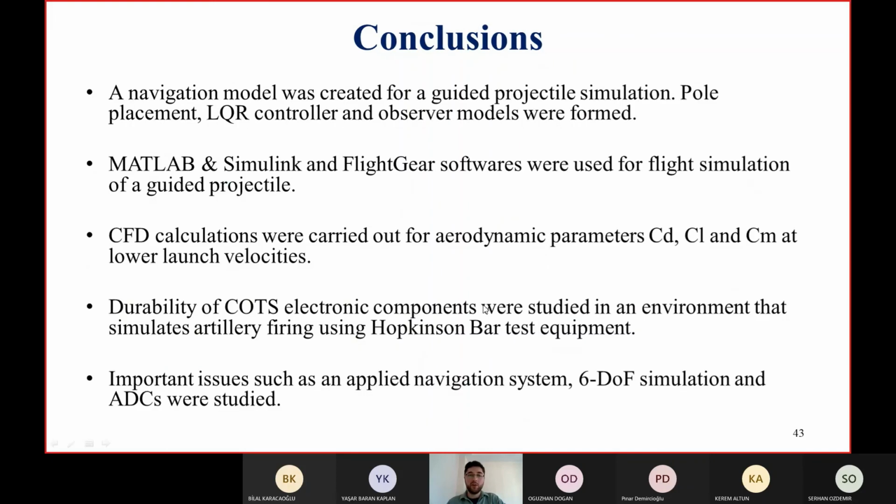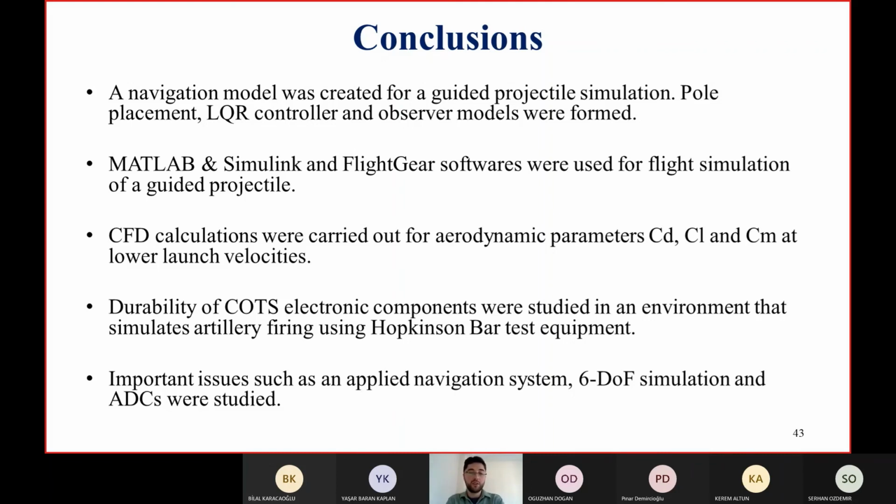Yes, I can conclude, I think. In my thesis, a navigation model was created, pole placement controller and observer models were formed, and MATLAB Simulink and FlightGear software were combined to create a flight simulation for guided projectiles.